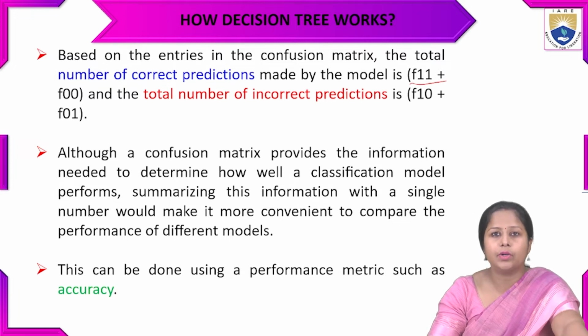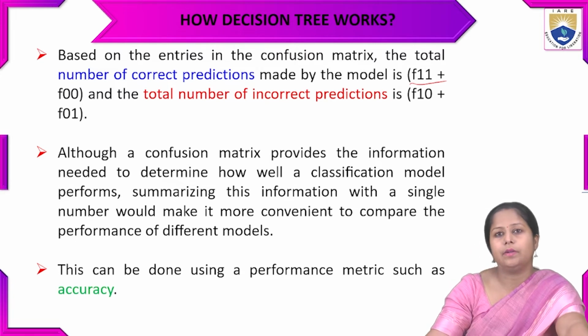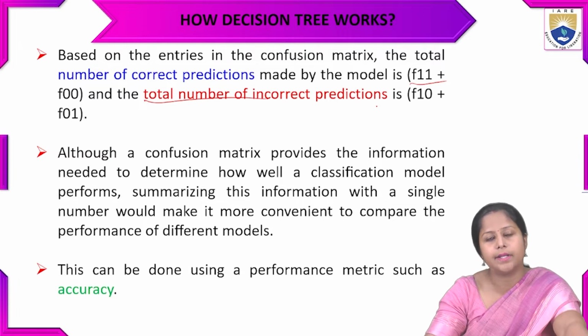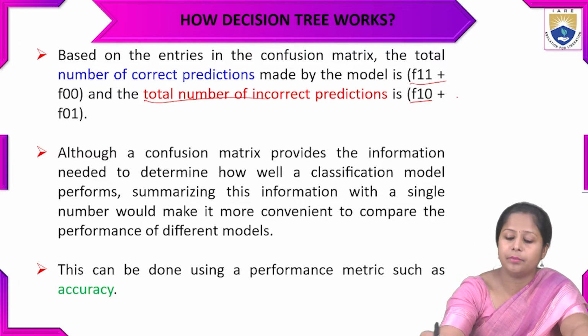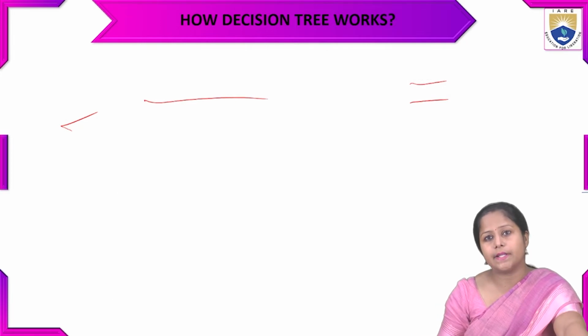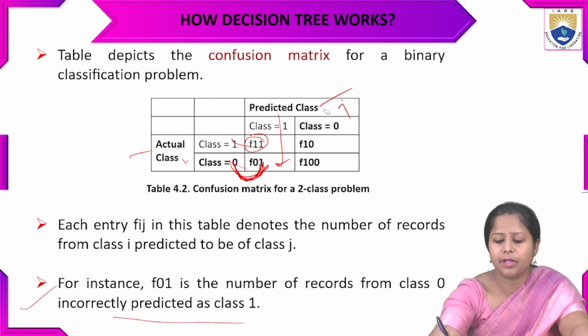Again, the total number of incorrect predictions is F10 plus F01. Let us see that same confusion matrix again.